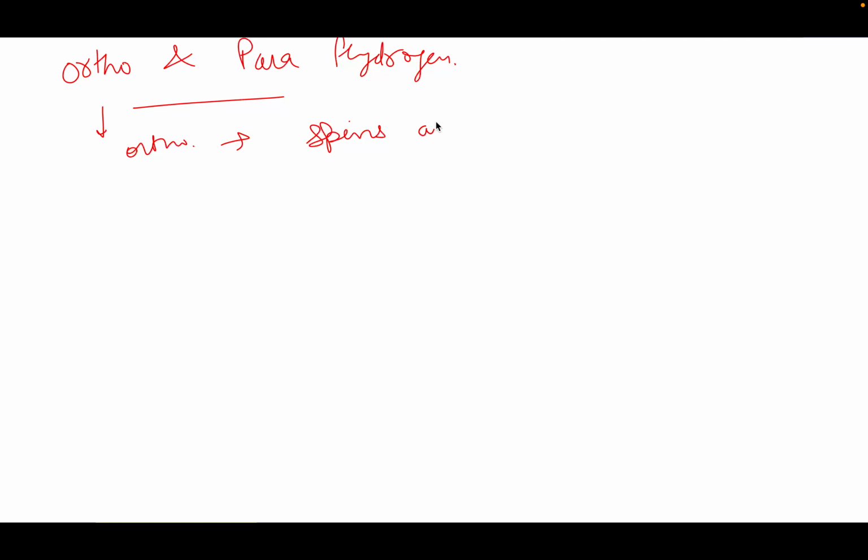Now about ortho and para hydrogens. For ortho hydrogen, spins are parallel, and for para, spins are anti-parallel.